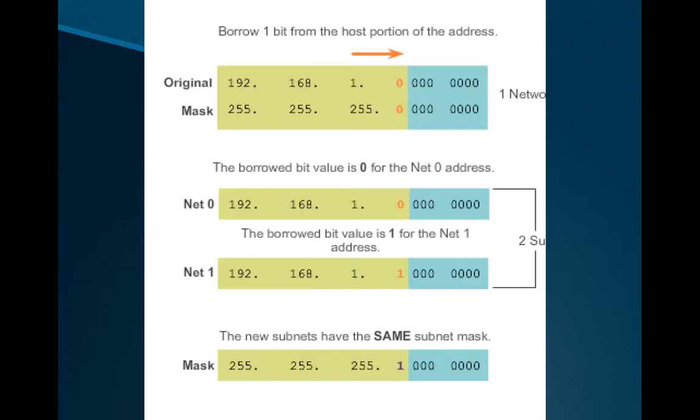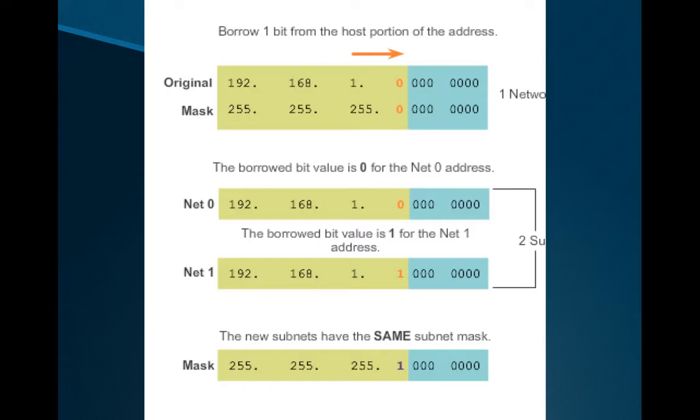Thus, it extends the network portion to 25 bits. This creates two subnets, identified by using a 0 in the borrowed bit for the first network and a 1 in the borrowed bit for the second network. The subnet mask for both networks uses a 1 in the borrowed bit position to indicate that this bit is now part of the network portion.